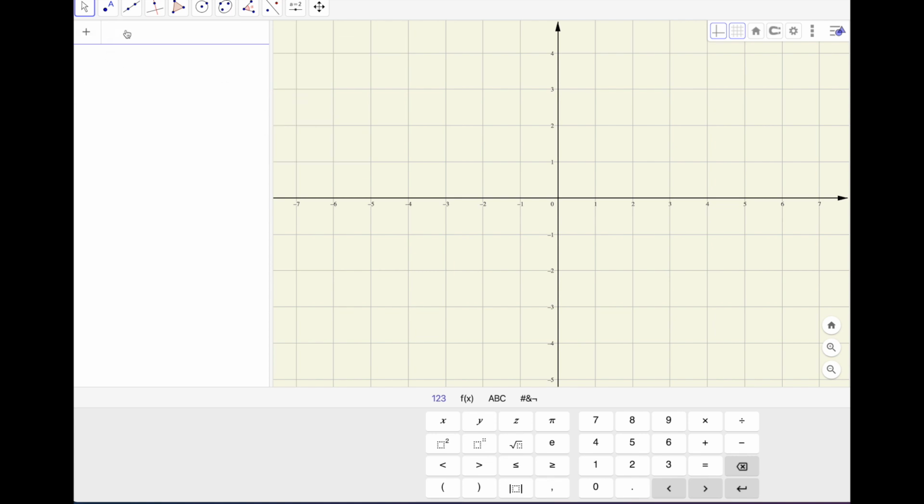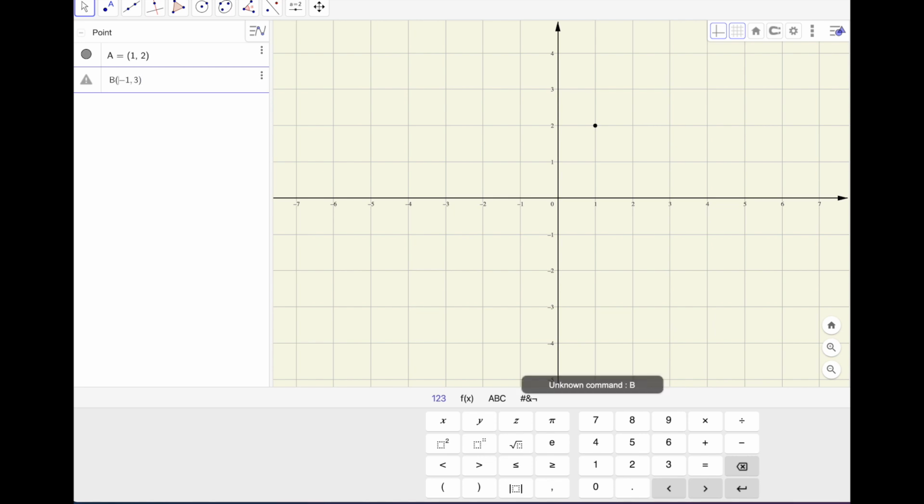Okay, so the first point is A with coordinates 1 and 2. So this is one point, you see. The other point is B, minus 1 and 3. Why I don't see it?